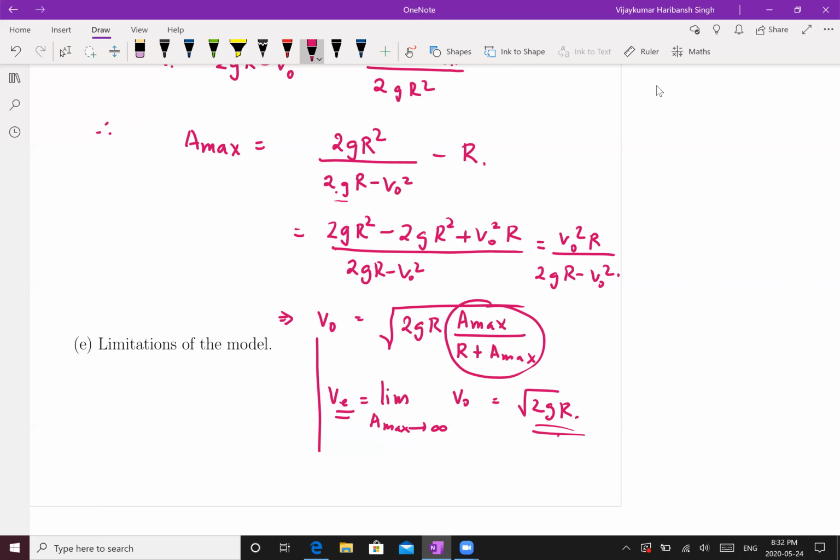Now, what are the limitations of this model? The first limitation is no air resistance, right? Air resistance is an important concept here. It should be taken into account. Also, we have constant mass.